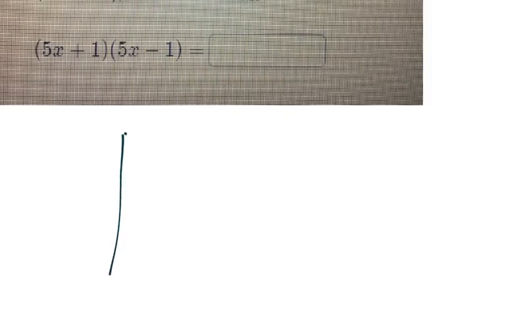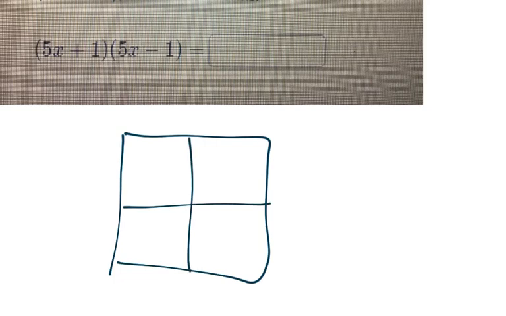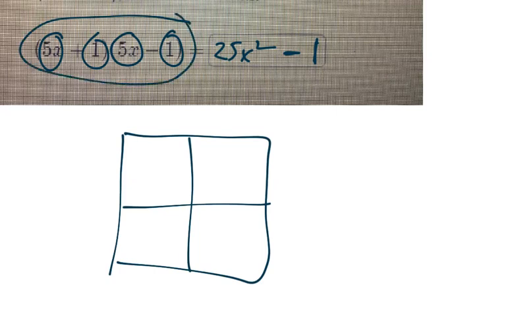Now, guys, again, feel free to do the area model if you want to be extra careful. But again, notice 5x times 5x is 25x squared. 1 times 1 is 1 with a minus. Again, you need to start recognizing difference of two squares like that, guys. All right? And then your life becomes a little bit easier.